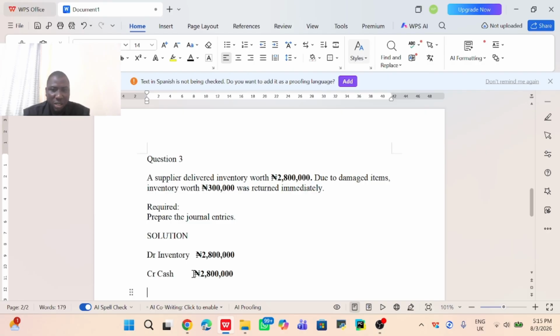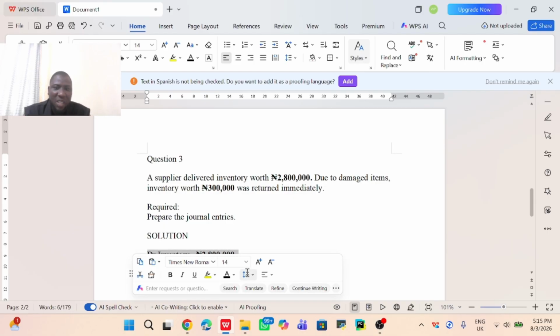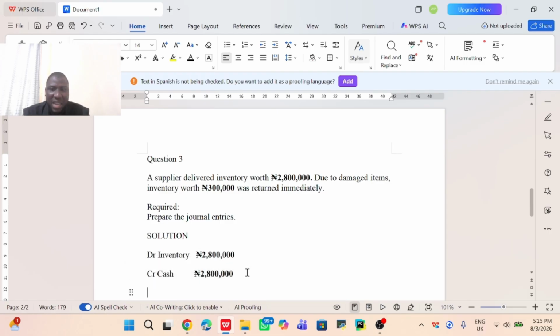Now, due to damage, right? Due to damaged items, you now returned how much? 300,000 naira. After this transaction has passed, you now returned 300,000 naira, right?